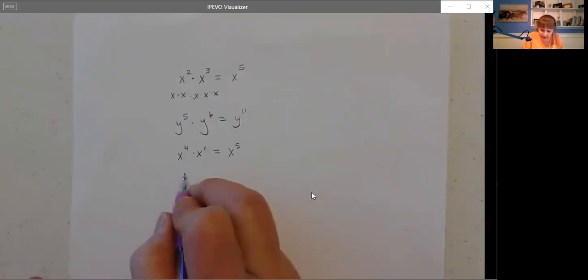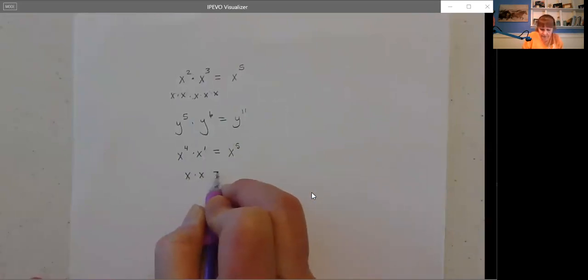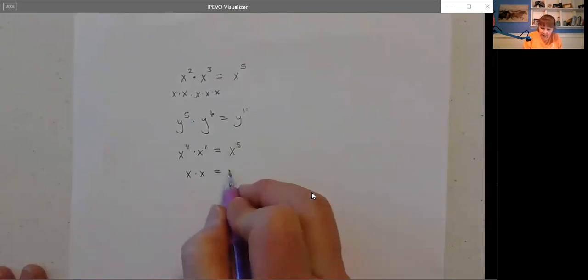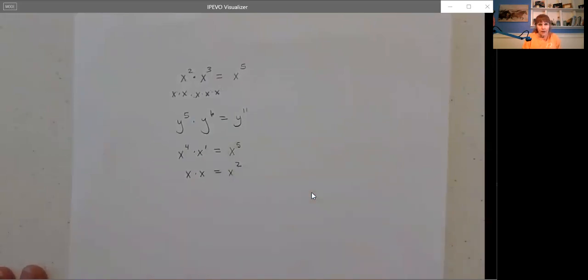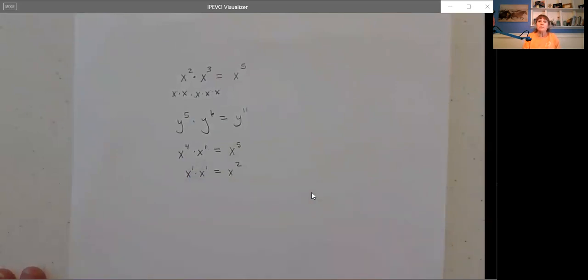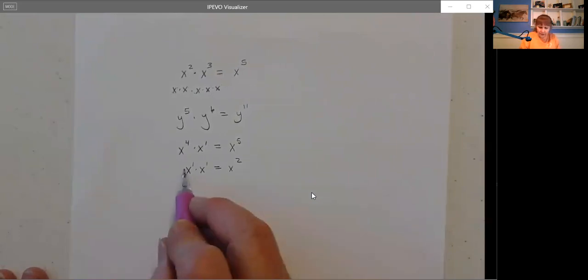It's something as simple as x times x. X times x is x squared because we take 1 plus 1. So they do have an exponent, we just don't put it in. And also, we don't put in the numbers in front either.